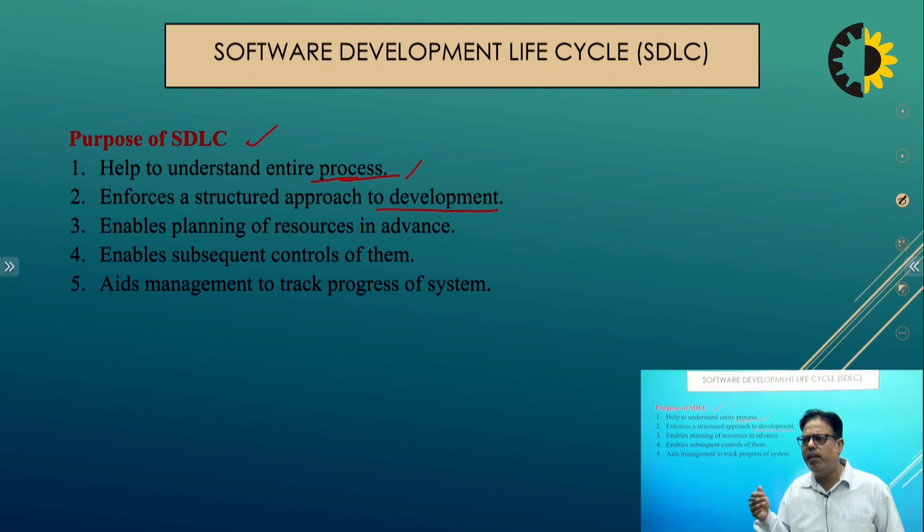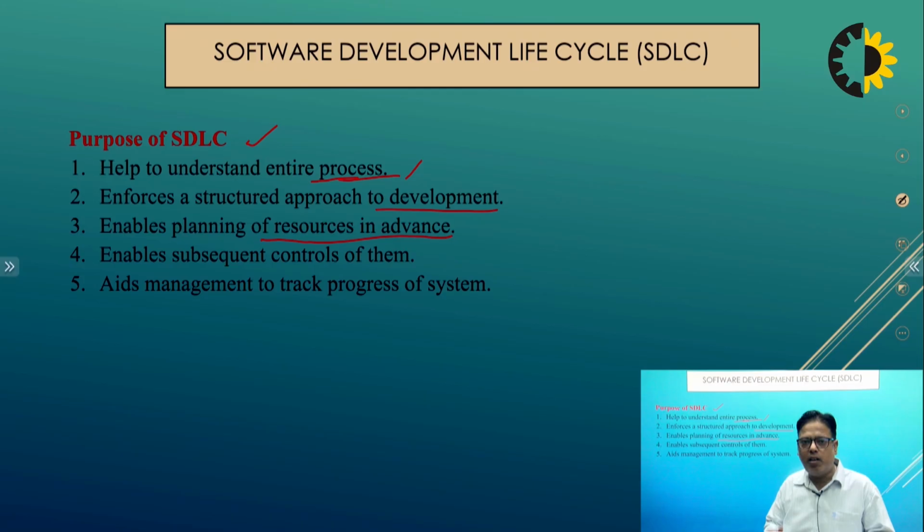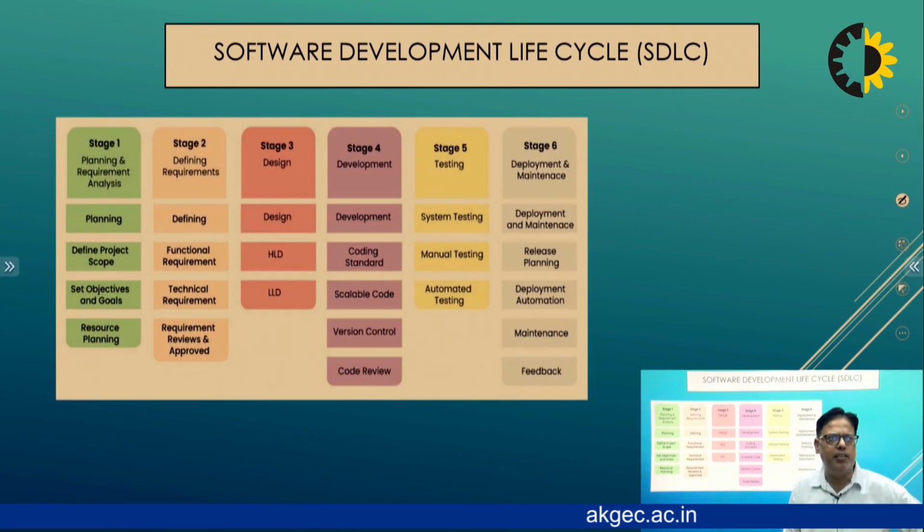We can use different types of software development life cycle models like the iterative waterfall model, prototype, spiral and iterative enhancement model. They are optimized approaches for software development, and they enable planning of resources in advance, enable subsequent control of them, and manage risk analysis in the initial phases. So, these are the purposes for which we use the software development life cycle.